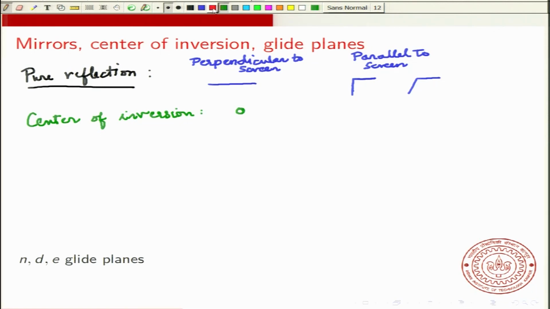Then finally, you could have glide planes, and you could have a variety of glide planes. These glide planes are mirrors. There are a variety of notations for glide planes, depending on what kind of glide plane it is, what the direction of the glide is, and where the plane is located.